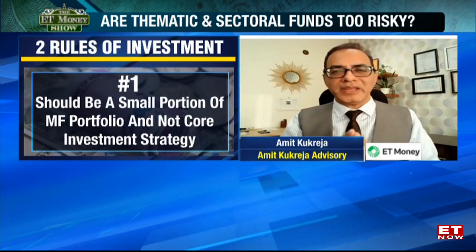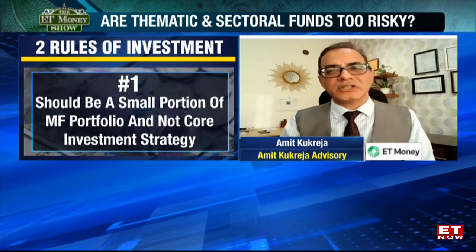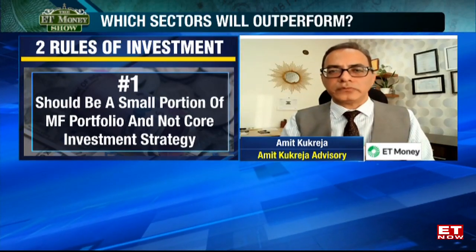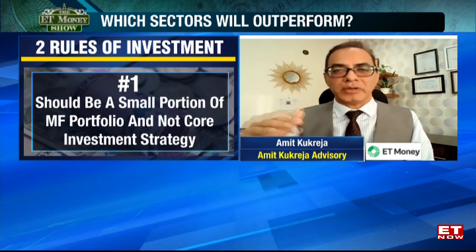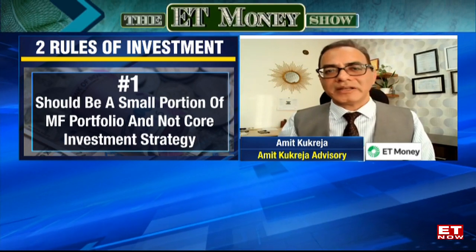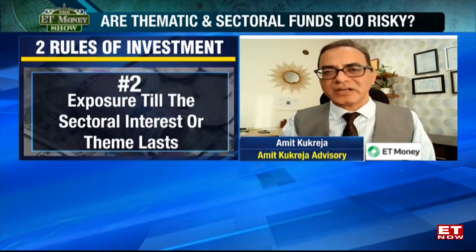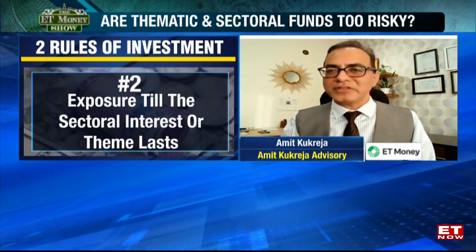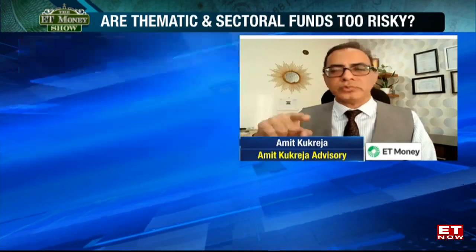Once you have made sure that the core financial goals are addressed with the core equity portfolio and you have a risk appetite, because these funds are cyclical in nature, the sectoral and thematic funds can have a really double-digit cut or a double-digit growth based on the business cycles. They all go through business cycles.